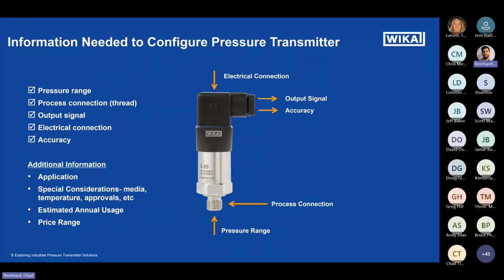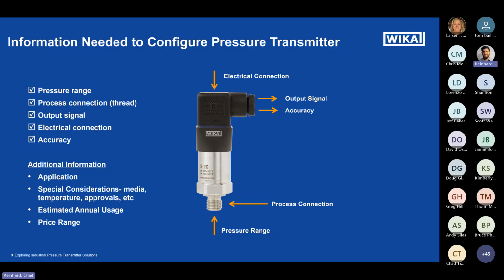So if you come to us and you have an 1/8% accurate transmitter as an example, we know we need something that performs a little bit better than some of the more common industrial sensors.